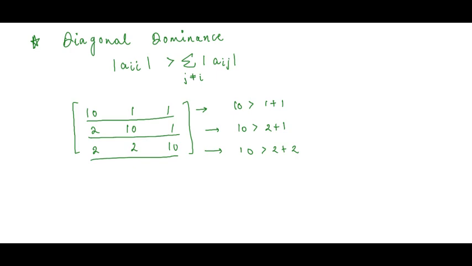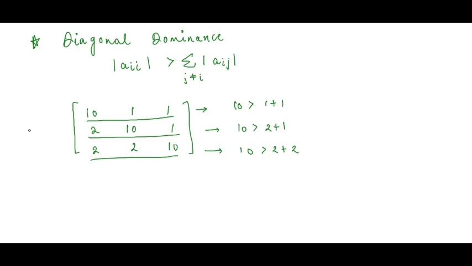Now that we have derived the Jacobi iteration formula, let's summarize the complete algorithm. Whenever we solve a problem using the Jacobi method, we need to follow these steps. Write the system of linear equations, check whether the coefficient matrix is strictly diagonally dominant, and if not, rearrange the equations if possible.